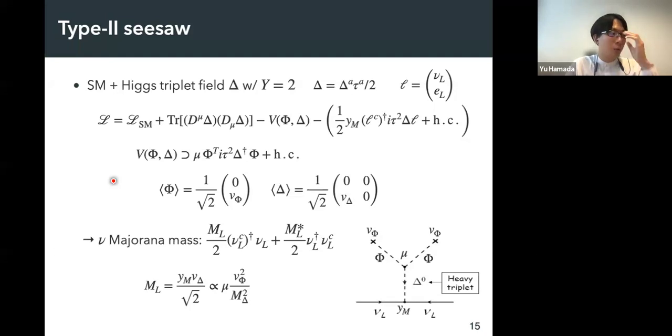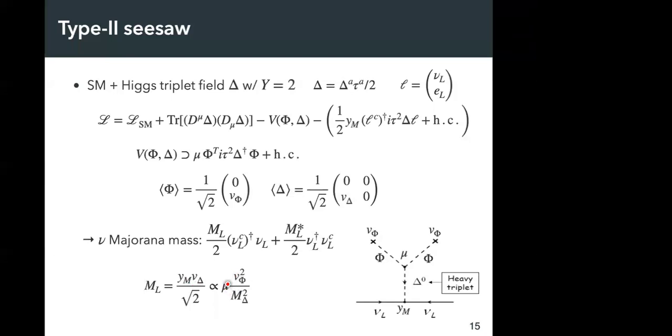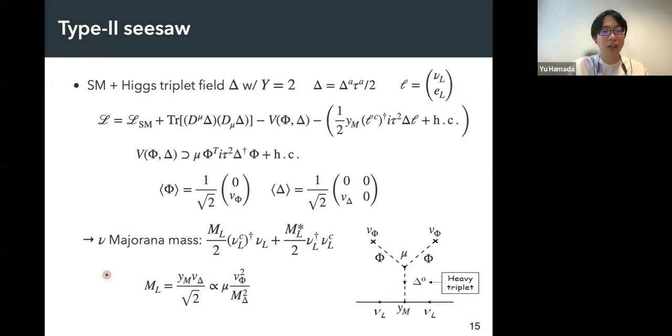That's one option, but I think such a case is not allowed phenomenologically, because it gives spontaneous breaking of the U1 lepton number, which could be like a Majoron. Anyway, if you turn off this part, then we cannot have a Majorana mass, I mean, we cannot have a neutrino mass here. So in that sense, we cannot turn it off.